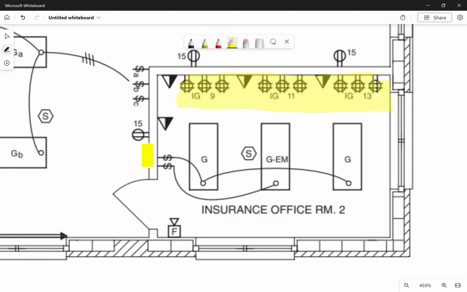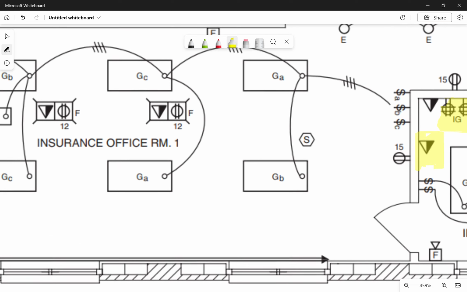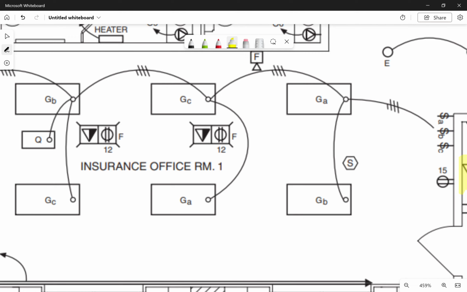Another symbol that we have right here is the triangle with the black line, the half black, half white. It's a specialty outlet. In this case, it's representing telephone or Ethernet. We have another symbol right here we haven't talked about yet. It is the receptacle, but it's inside of a box.